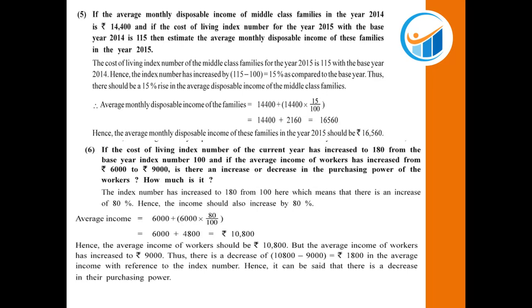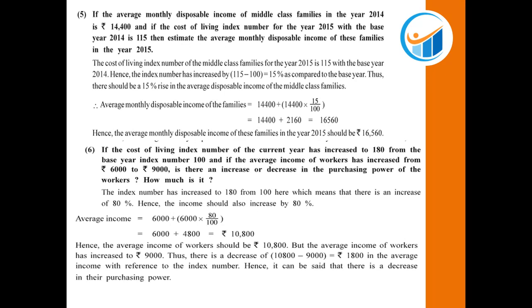यही सम स्टूडेंट एक ही स्टेप में आप कर सकते हो, मैं बोल रहा हूँ वो आप लिख सकते हो. वेरी सिंपल. When your base year index is 100, your average monthly disposable income of the year 2014 is 14,400. Your index number in the year 2015 is 115.